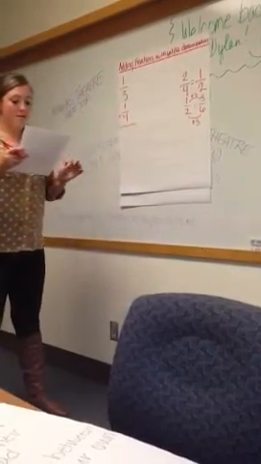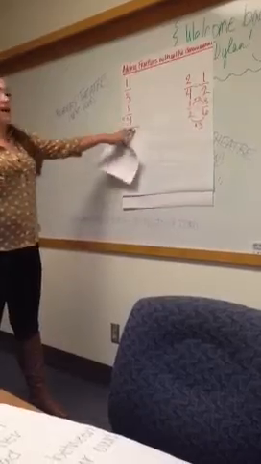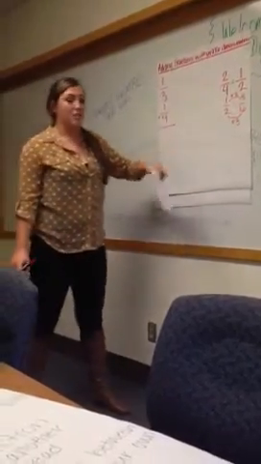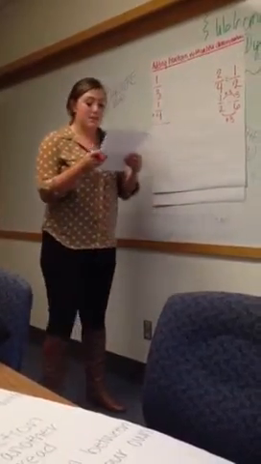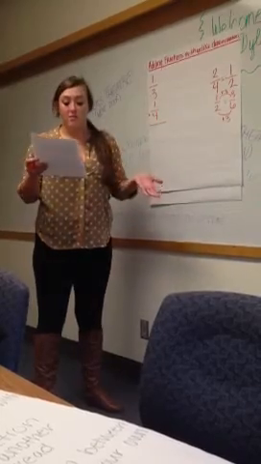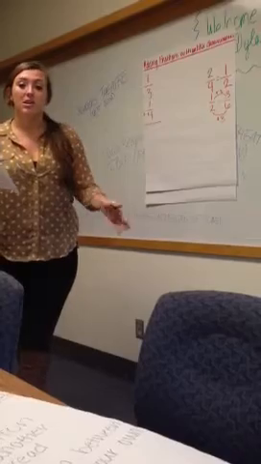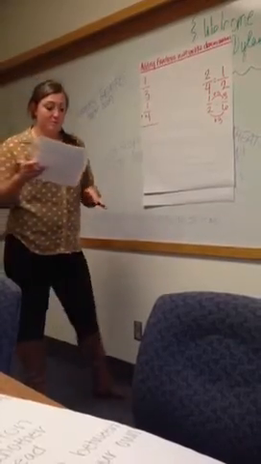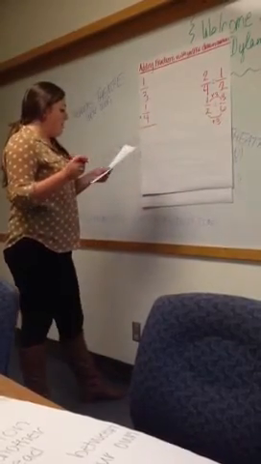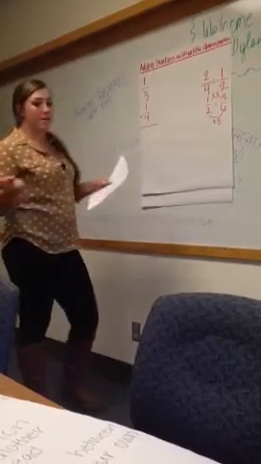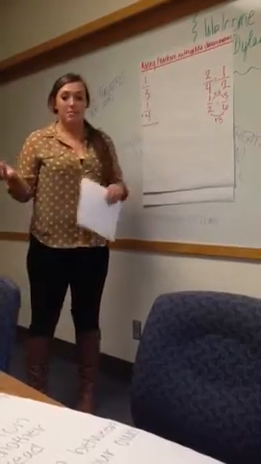Okay, so to be able to add fractions with unlike denominators, we have to get like denominators. And to do this, we use equivalent fractions, just like we talked about. And we also have to use the least common multiple. To do this, our first step is finding the least common multiple.